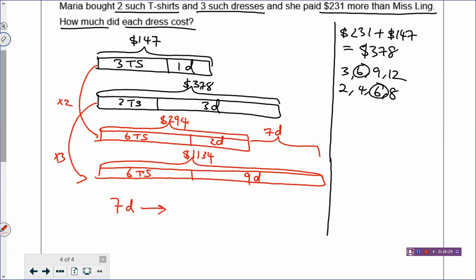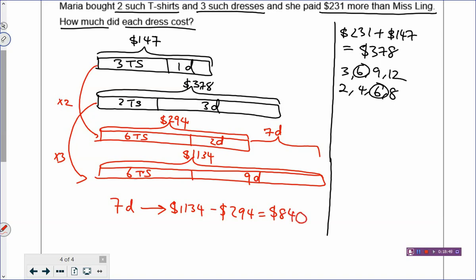Now, you have $1,134, which is the model below, and you minus $294, and you also get the difference. So what's the difference? The difference is $840.